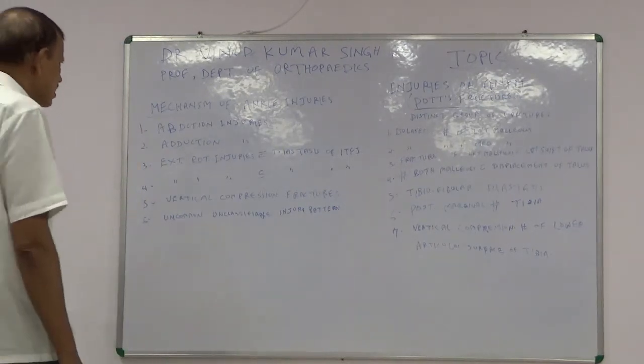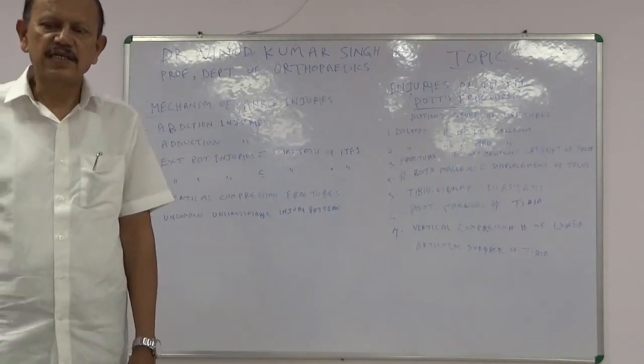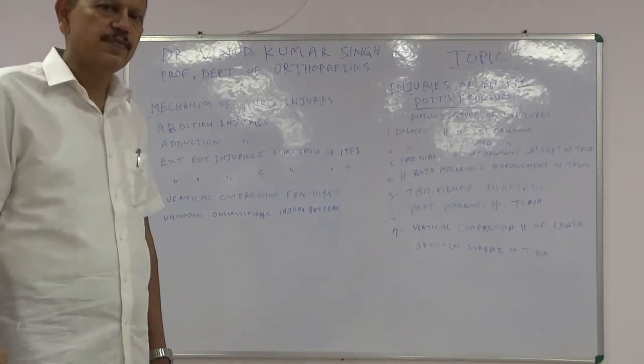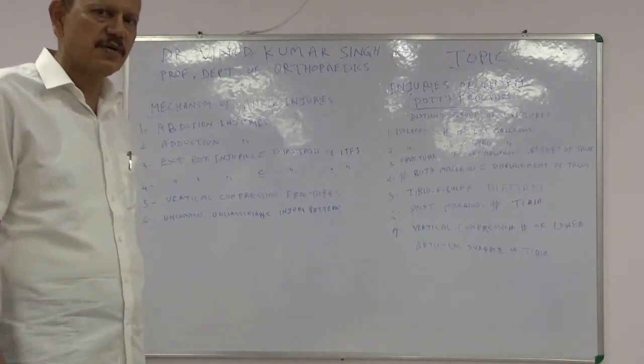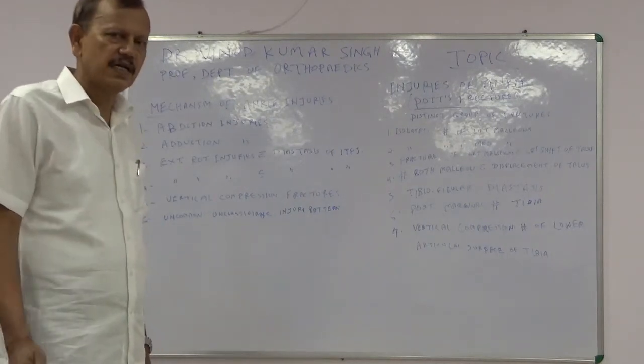Second is the adduction injury. Adduction injury means there is an inward force, and this injury first presses upon the pull force. There is traction force on the lateral structures, that is the lateral malleolus and the lateral ligament.